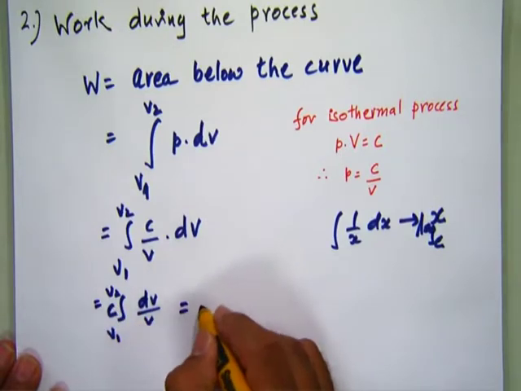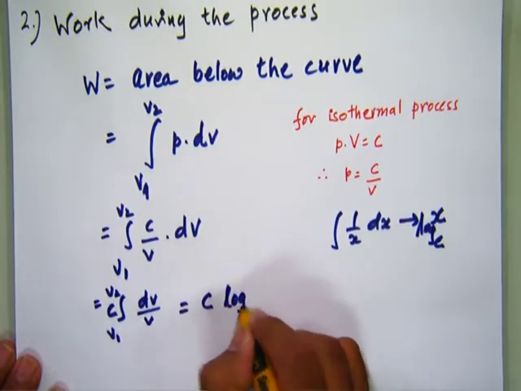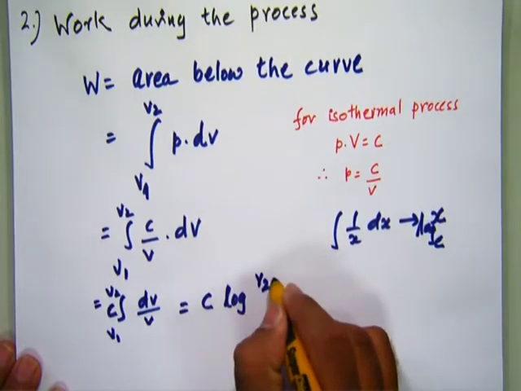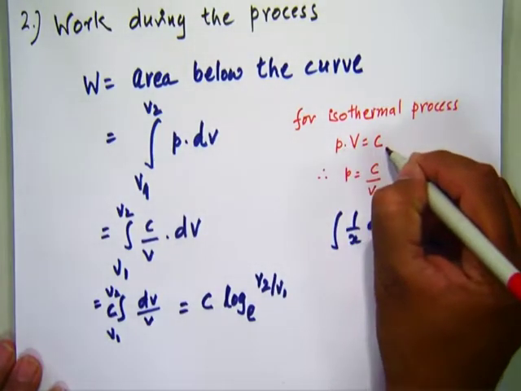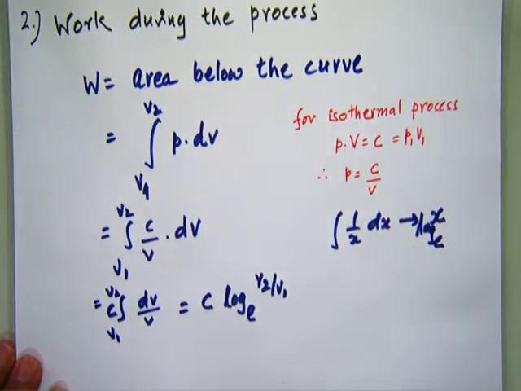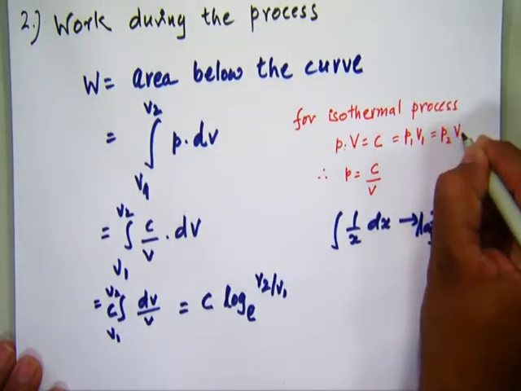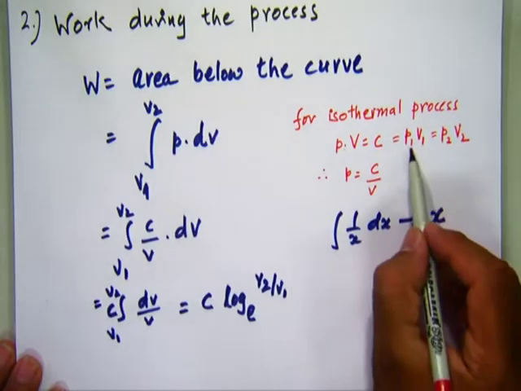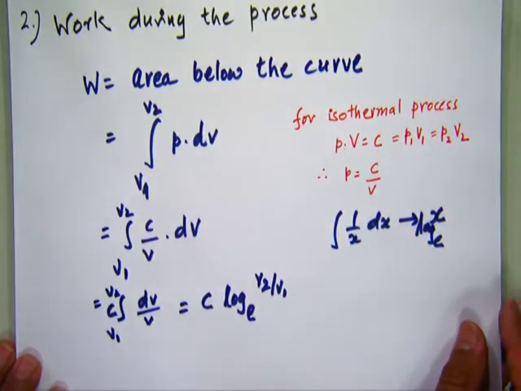So it is C into log V2 upon V1 to the base E. You know very well, P into V is equal to C. So P1 V1 is equal to C. Similarly, you can write P2 V2 is equal to C. Right?